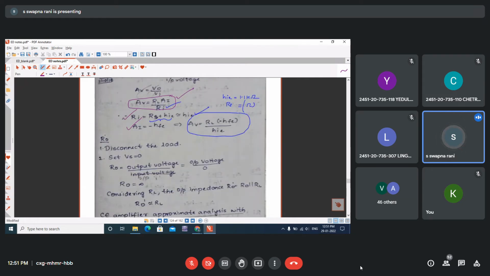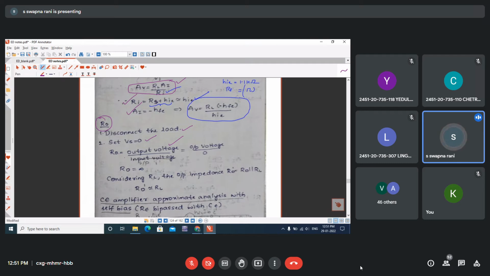Now for finding the R naught, the steps to be followed are: disconnect RL, set Vs to 0, and R naught is the output voltage by the output current.